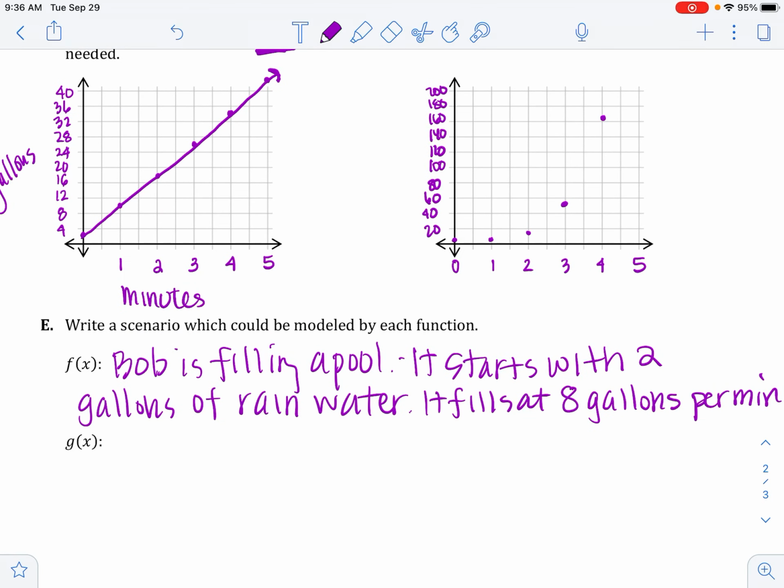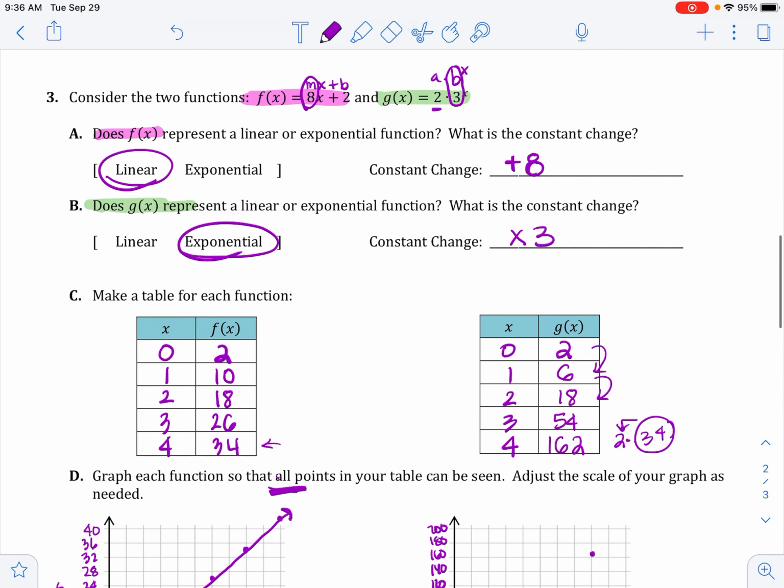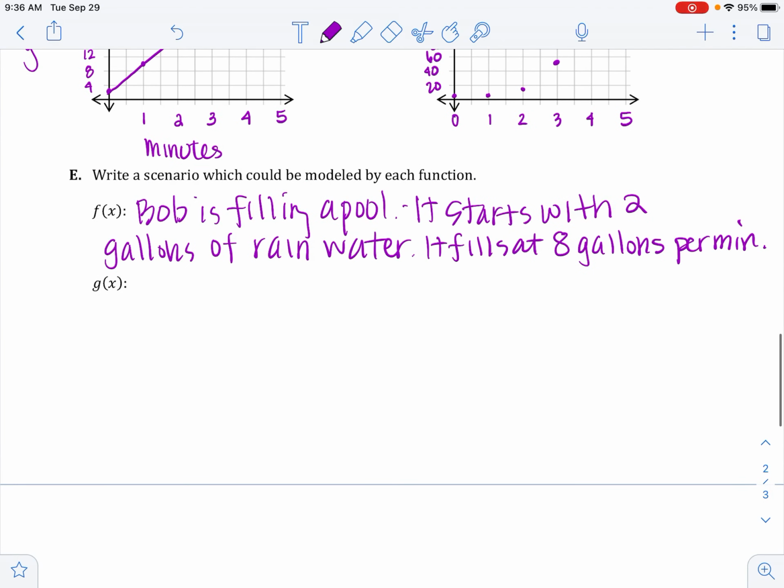Okay, next one. I need something to do with my exponential function. So I need to start with an initial amount of 2, and then it needs to multiply by 3. Okay, so I'll say I have 2 Twitter followers, very popular.